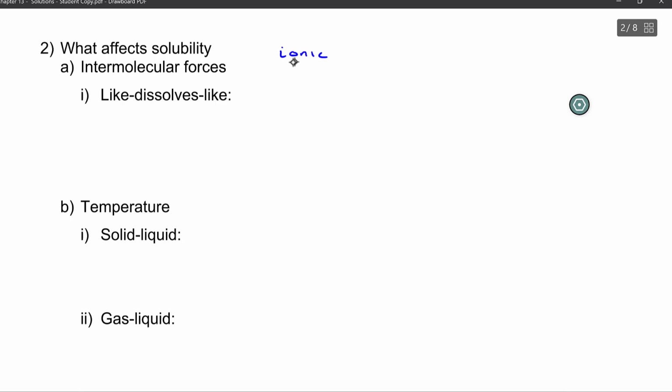And we didn't really talk about those in the previous chapter, but those are ionic bonds, for example. Then there's hydrogen bonding. And then we have dipole-dipole. And then we have induced dipoles, or we call them van der Waals forces, but I prefer to call them induced dipoles.